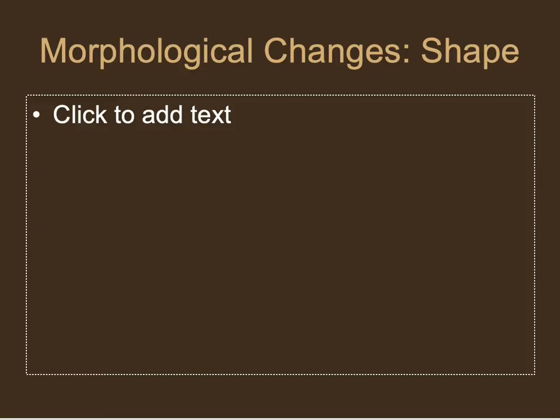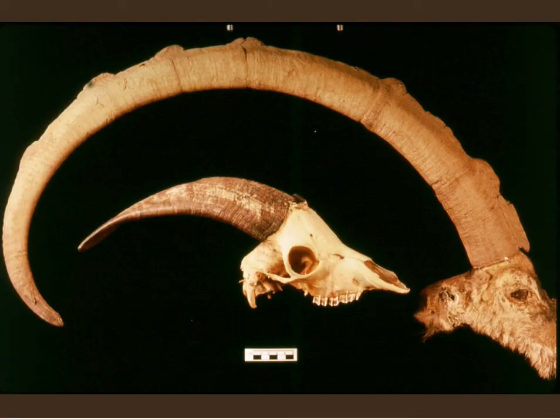Okay, other changes that occur. In wild goats, you have very long scimitar-shaped horns. In domesticated goats, you have much shorter, twisted horns. We don't know if this was a deliberate selection by humans or if it just happened to coincide with other changes.